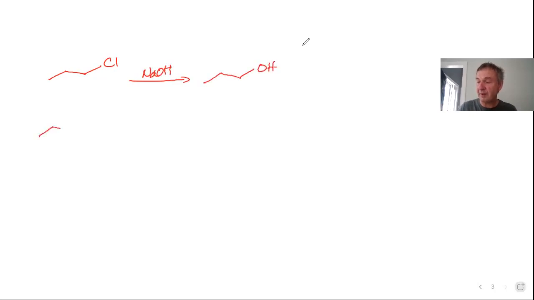But what if I bring some crazy bulky base? I'm going to have that potassium t-butoxide. Now, we discussed this. You can have a strong base that's a terrible nucleophile.